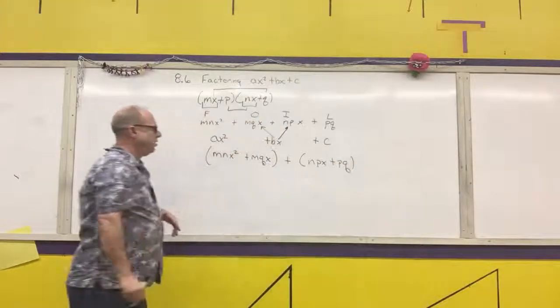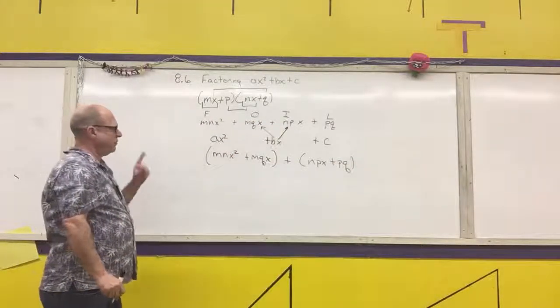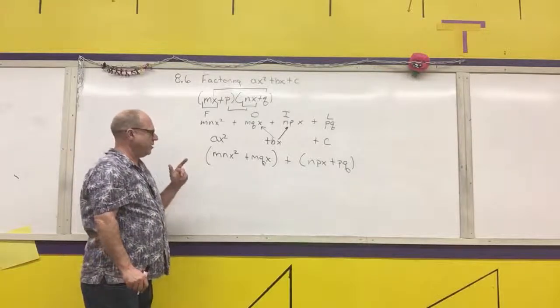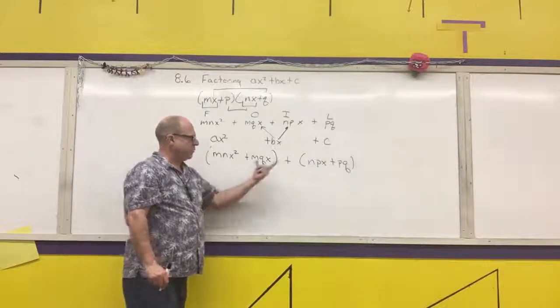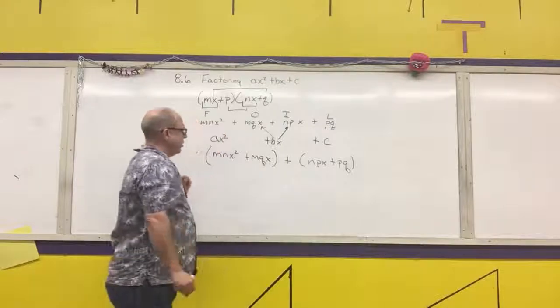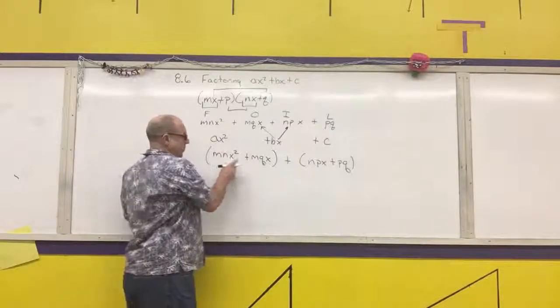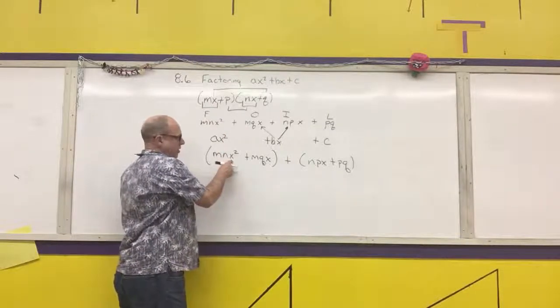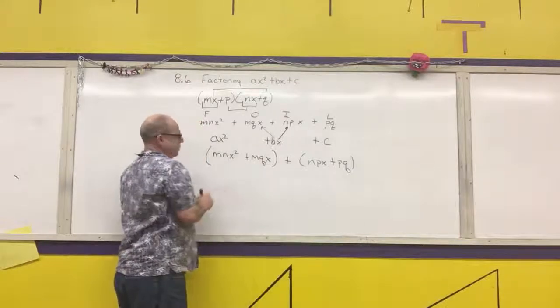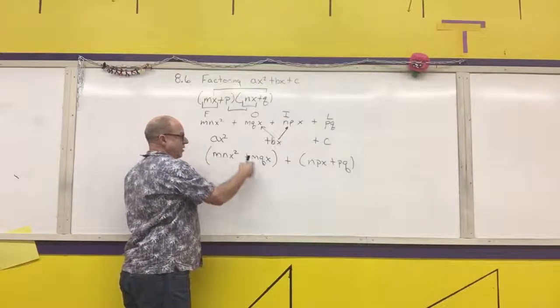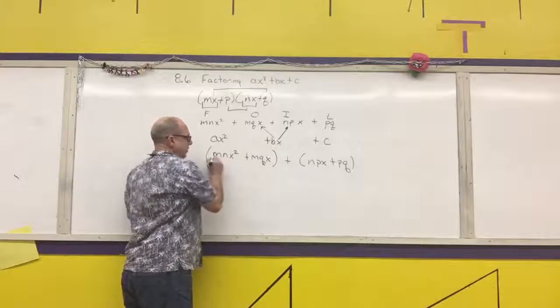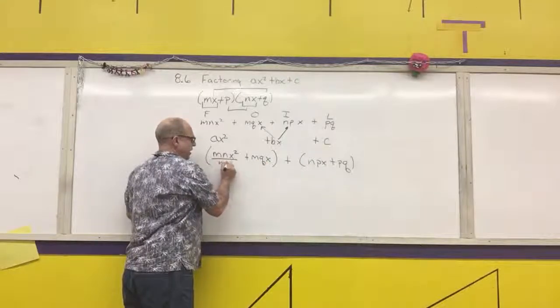And now I can do the section 8.4 homework by factoring out the greatest common factor of each set of parentheses. So I want to find the greatest common factor between mnx squared and mqx. Well, I have an m in common here and an x in common. So I'm going to divide each term by mx.